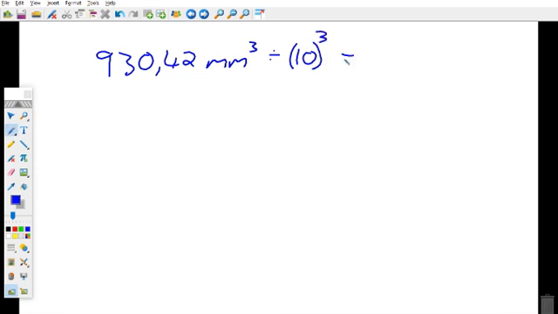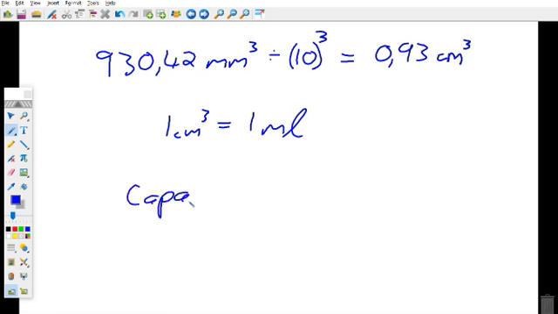So that is equal to 0.93 centimeters cubed. If our conversion is 1 centimeter cubed is equal to 1 milliliter, it's a 1-to-1. So what's the capacity of this? My capacity is 0.93 milliliters.